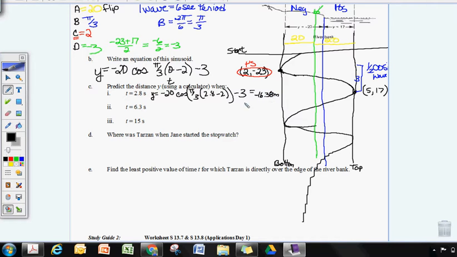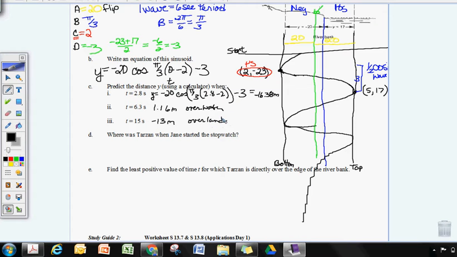I want you to try the next ones, plugging in t the same way. I believe that this one would be positive 1.16 meters, so you know it's over the water. And the last one should be negative 13 meters. That means that it's going to be over land.